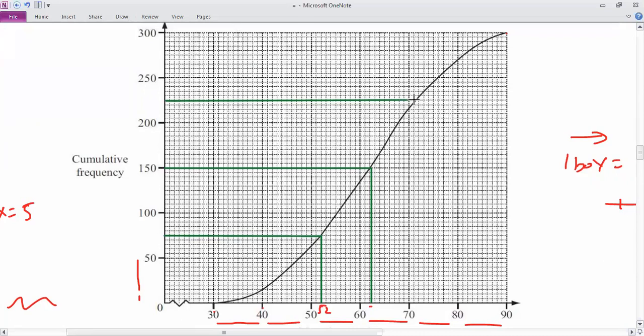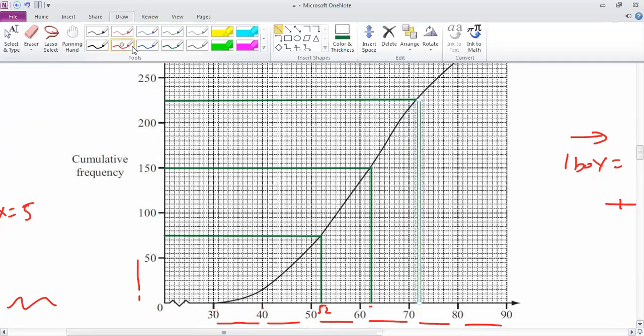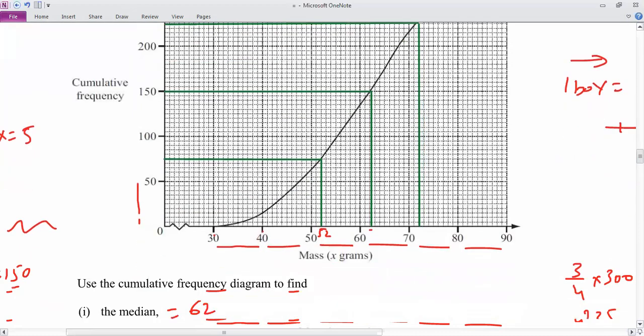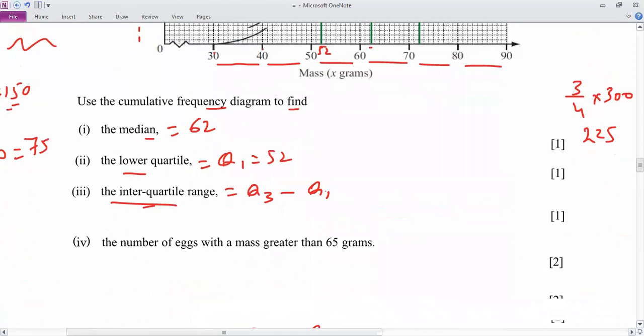Till this. From here we can come down. What is this one? 72. So it is showing 72. So you can write Q3 is 72 minus Q1 is 52. So the interquartile range is 20.